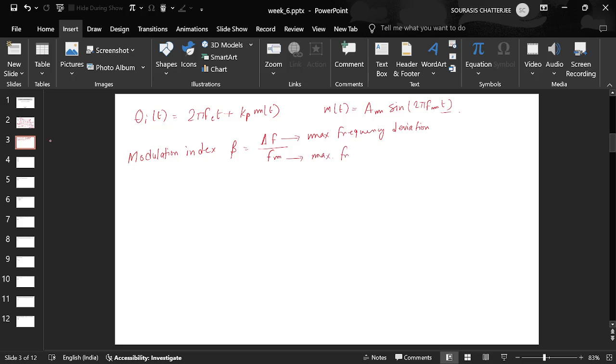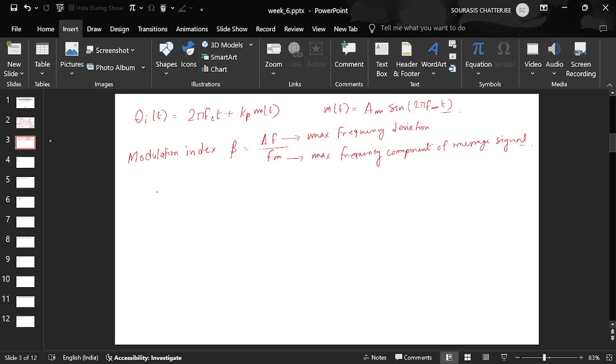maximum frequency component of the message signal. So how to obtain the maximum frequency deviation?